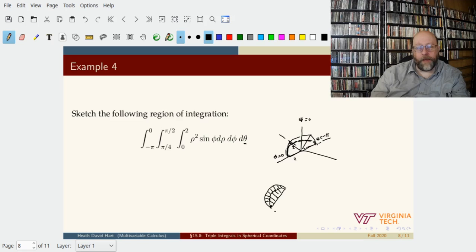Okay? So it's kind of like a slice of an apple, where we have the rounded outside of the apple, but the flat side that it's sliced along, if that makes any sense. That's the shape that we're looking at. Okay? All right.